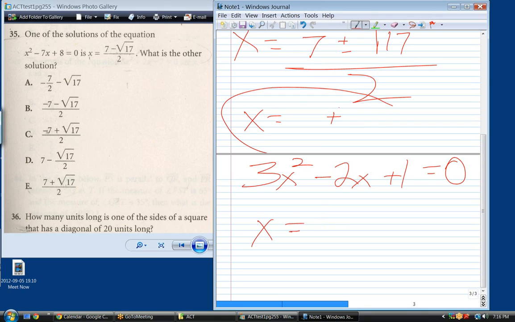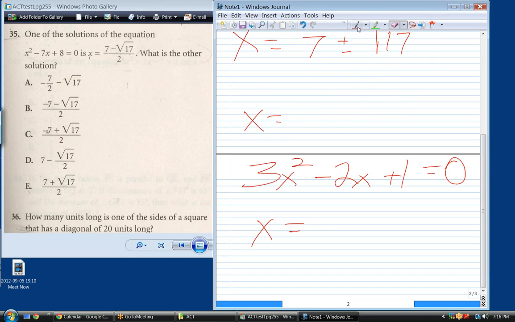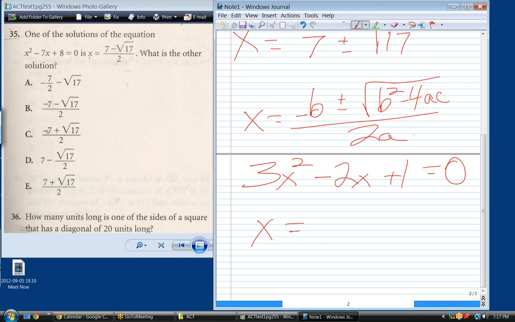Remember, let me write the quadratic. It's equal to minus b plus or minus the square root of b squared minus 4ac over 2a. So let's just fill in. It'll just be plus 2, because it's minus a minus.